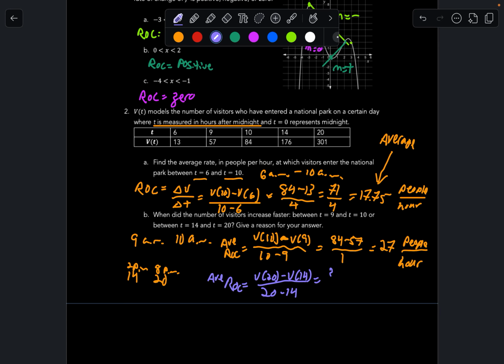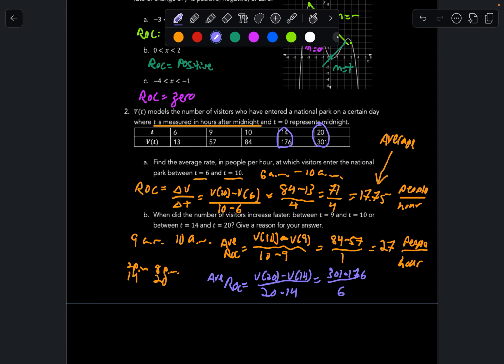V of 14 is 176, right? 14 is right here, so we're looking at these two numbers. All over 20 minus 14, which is 6. 301 minus 176 is 125, and you might be thinking, well, duh.